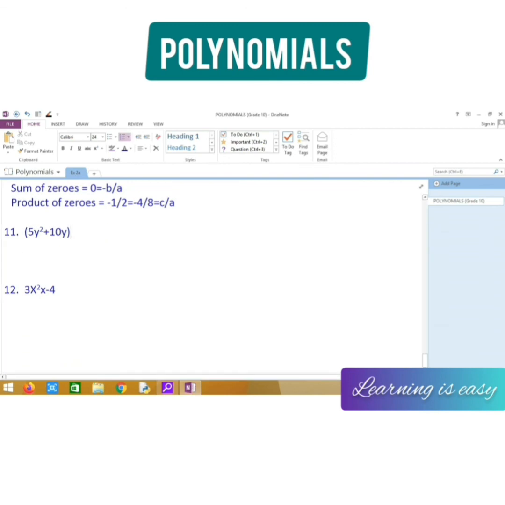Next, question 11. 5y square plus 10y can be written as, taking 5y out, 5y into y plus 2. So the value of y is going to be 0 or minus 2.